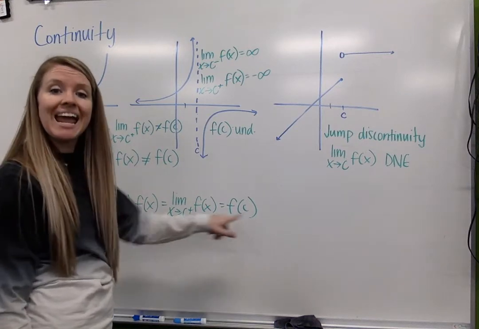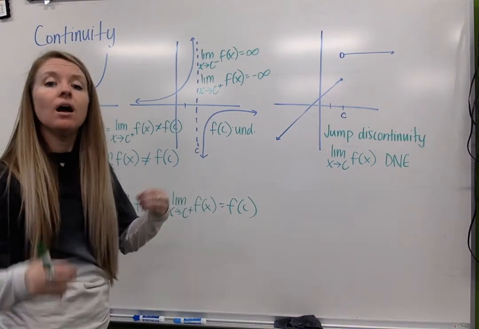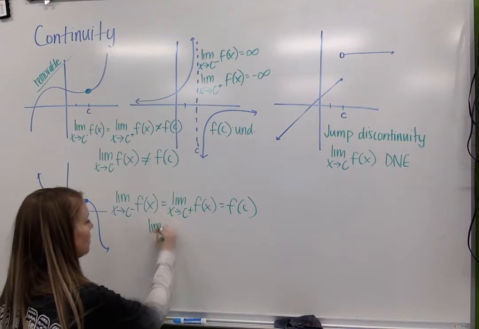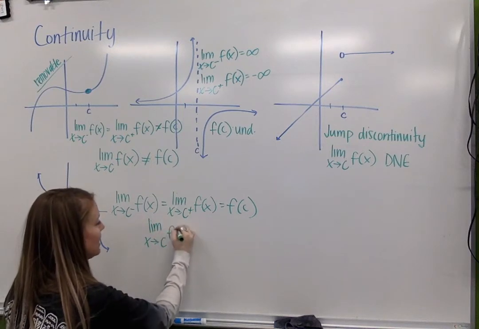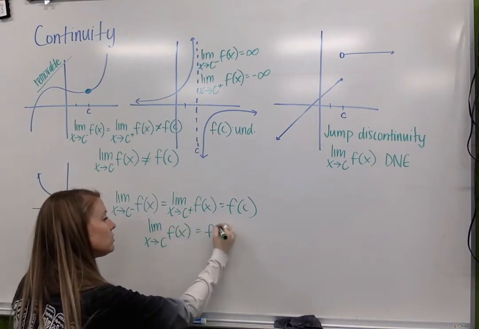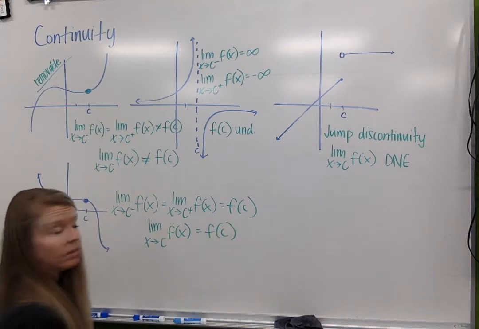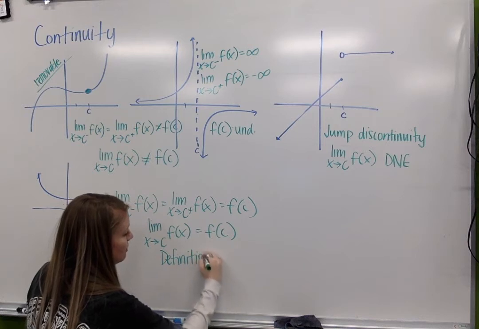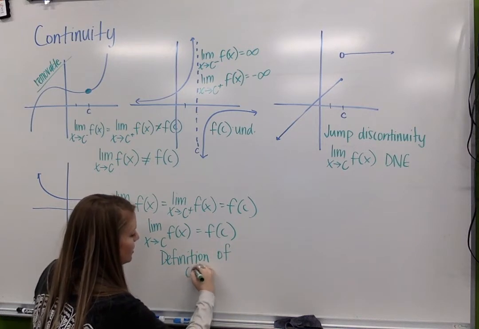If the limit exists and it's equal to my y value, our function is continuous. So the definition of continuity is the limit equals the y value. This is our definition of continuity.